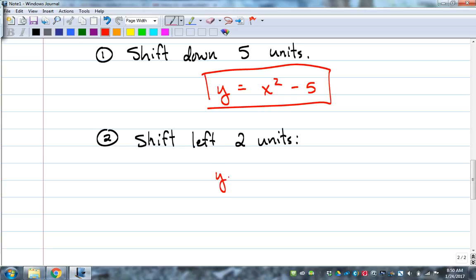So we're going to take x squared and we're shifting it left 2 units. If I'm going to shift left 2 units, I'm going to do it to the x, and left would be plus. And it's the opposite of what it normally is for x values. So x plus 2 squared.